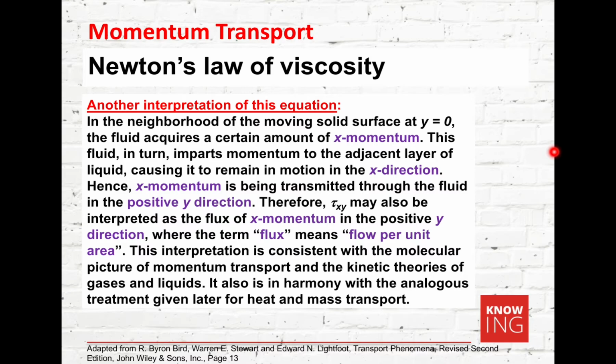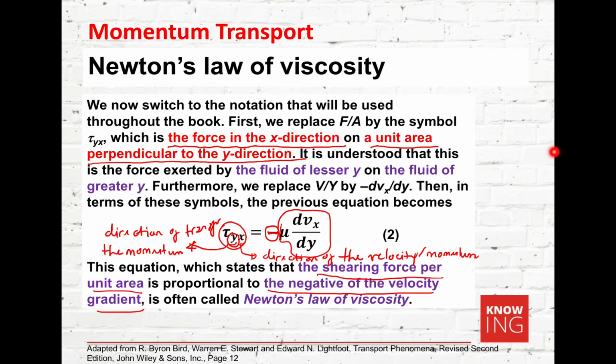There are two ways that we interpret this equation. The first one is as the force in the x direction on a unit area perpendicular to the y direction. So the force is in the x direction, but the unit area is perpendicular to the y direction.